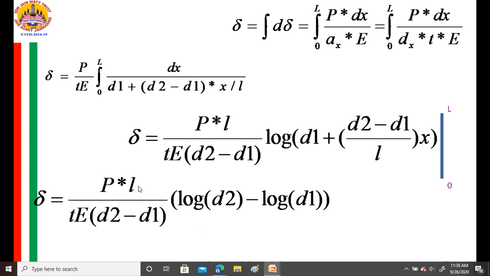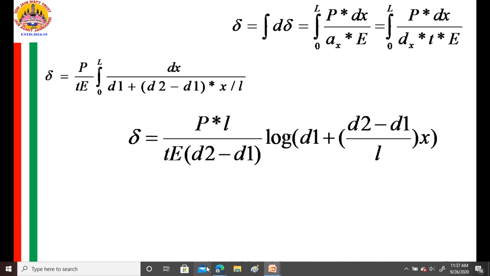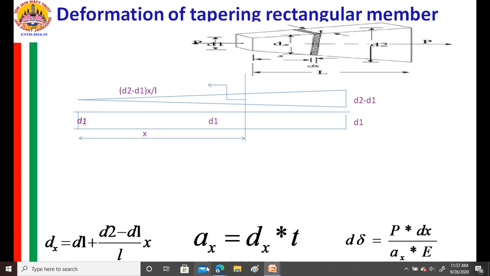So if you simplify it, finally we get P into L divided by t (d2 minus d1) log of d2 by d1. You are supposed to learn this formula by heart. As this expression is a very important one, I am taking the utmost care and going very slowly, and I will repeat the procedure once again.